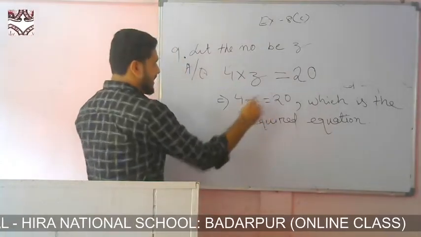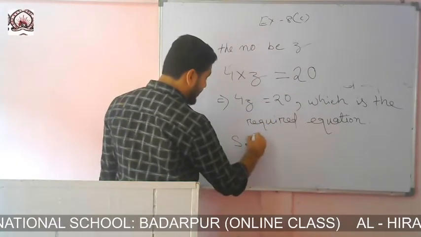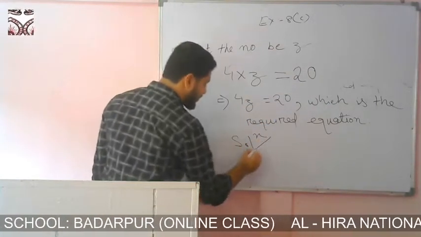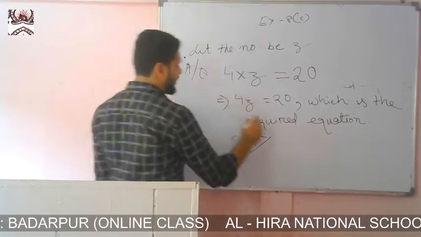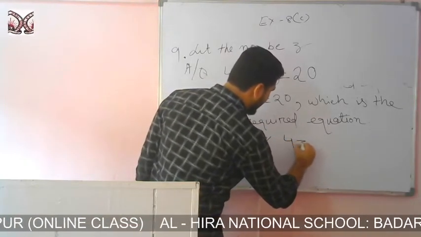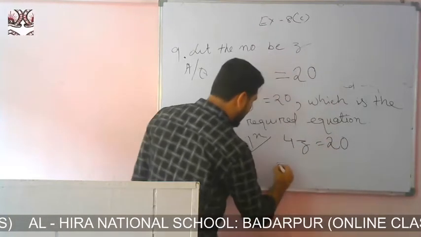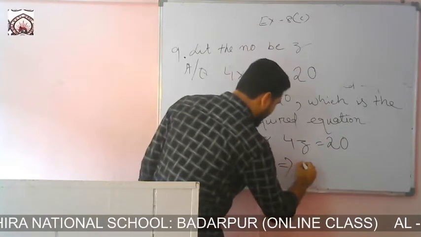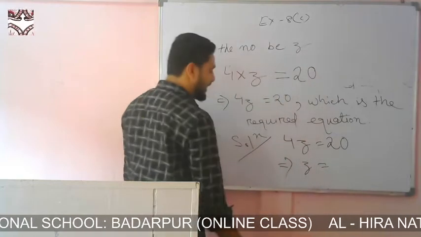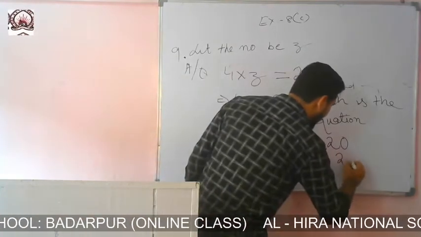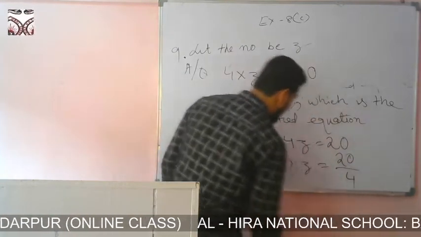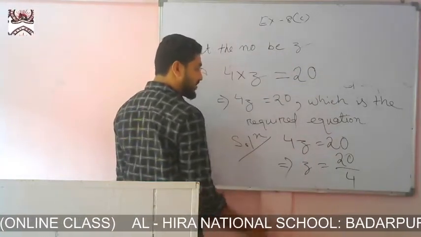Now the solution. 4z equals to 20. Then if I keep z on the left side, 4 will go by division, because 4 and z are in a relation of multiplication on the left side.